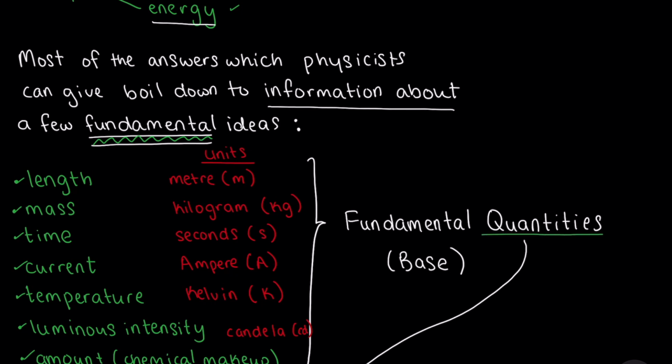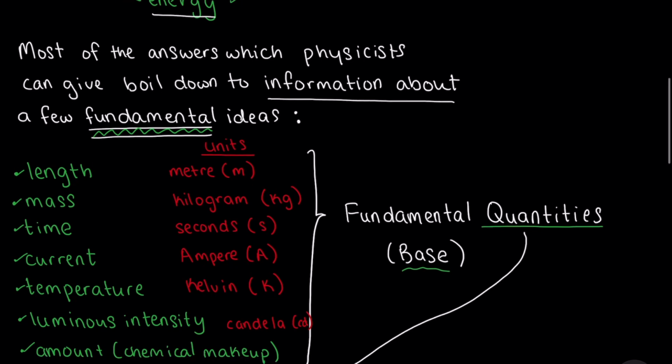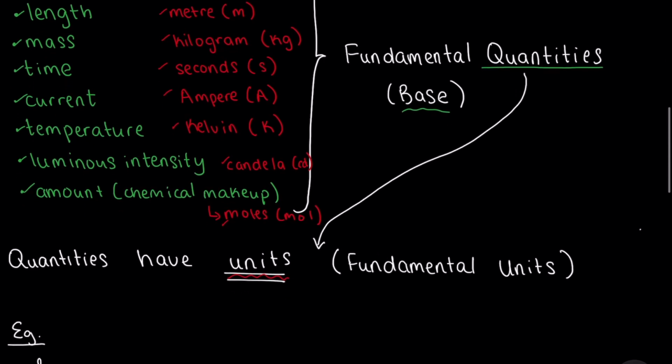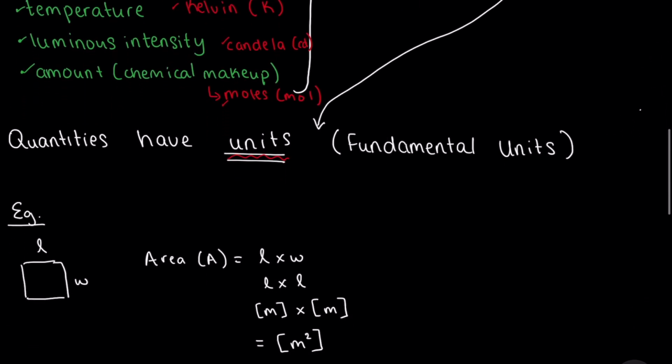These are called fundamental quantities or base quantities, and they have units associated with them. For length, it's the meter; mass, kilogram; time, seconds; current, ampere; temperature, Kelvin; luminous intensity, candela; and amount or chemical makeup of a substance, moles.